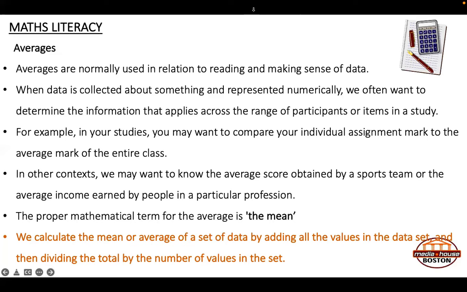So across the range of all journalists in South Africa, the average would be that amount of money. So you'll know what you will be eligible to get as a salary. So we need to understand what and how to calculate averages. We are on pages 340 to 342.